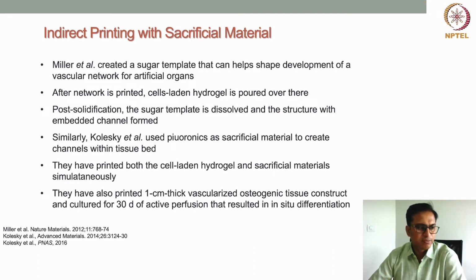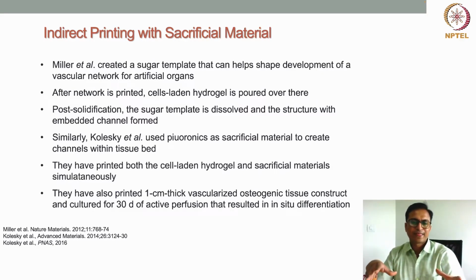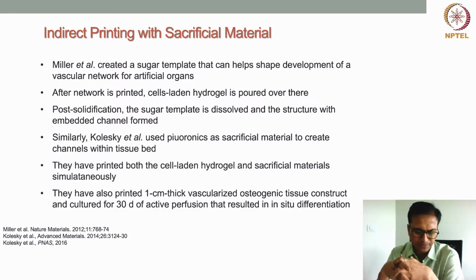Because with this concept, we can create the channels, we can create blood vessel-like structures in a tissue block or in a cell laden hydrogel, and then that channel can work like channels embedded in a tissue bed.